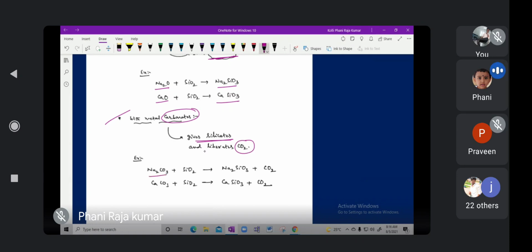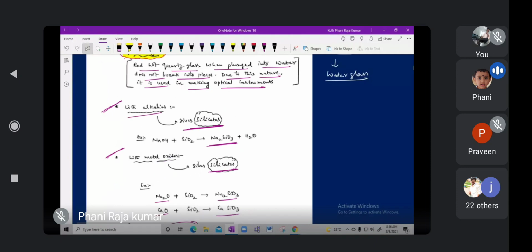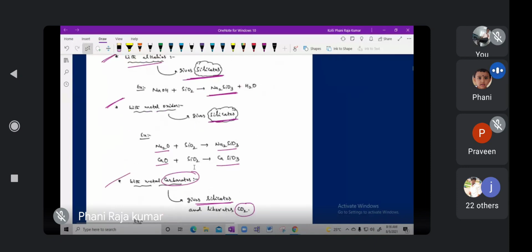So sodium carbonate plus SiO2 gives sodium silicate plus CO2, calcium carbonate plus SiO2 gives calcium silicate plus CO2. All these three reactions, with carbonates, metal oxides and alkalis, support the acidic character of SiO2. Corresponding silicates are formed.